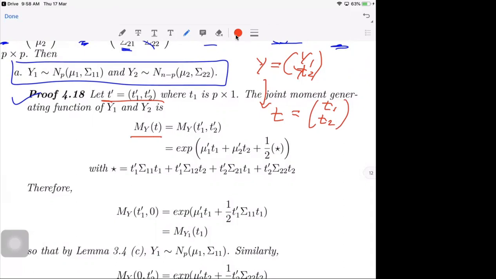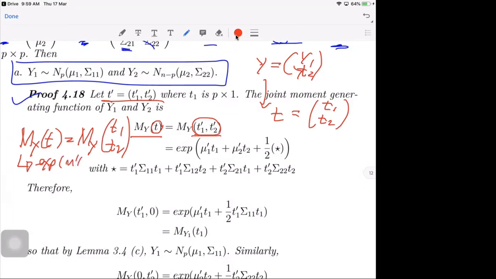So the moment generating function of y at t, we partition t, or you can write it as the moment generating function at t equal to the moment generating function at t1, t2. This is just rewriting it horizontally. In general, at t, if it is normal, it's the exponential of mu prime t plus 1/2 of t prime sigma t.